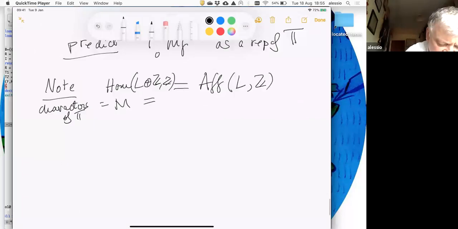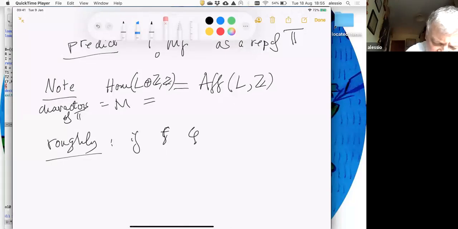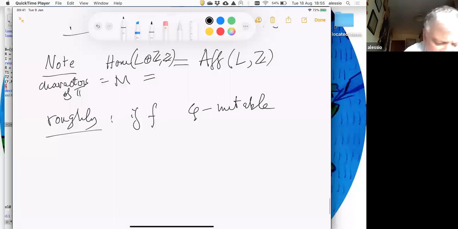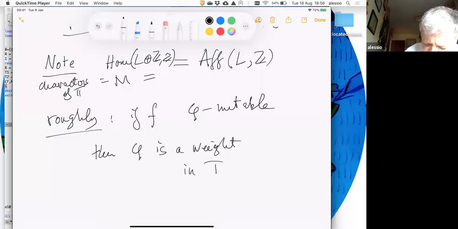And the way Conjecture B works, roughly, is that if F is phi-mutable, F being this fixed Laurent polynomial, zero-mutable, if F is phi-mutable, then phi is an element of M, and then I'm saying phi is a weight that occurs in the representation of the tangent space. It's pretty natural.